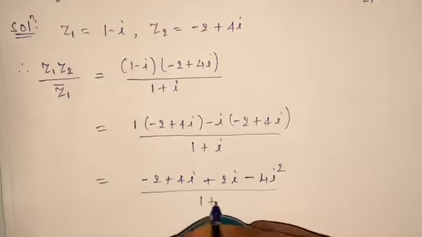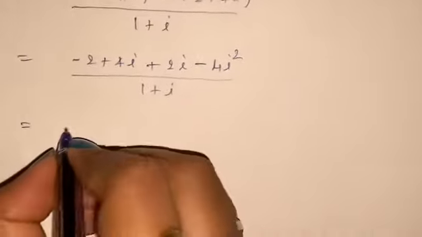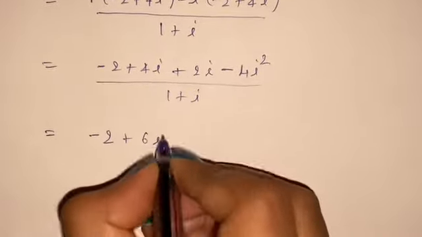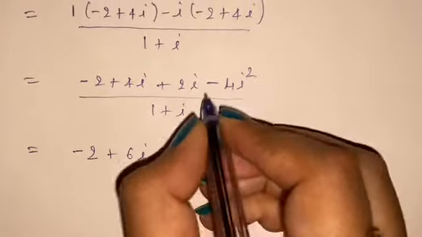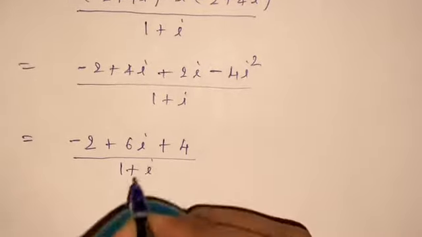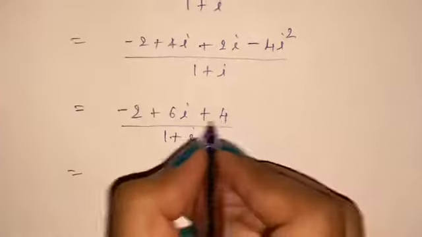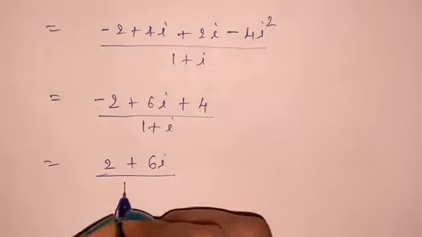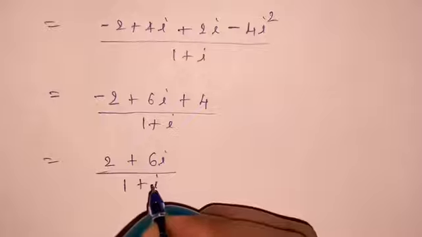divided by 1 plus i, is equal to minus 2, 4 plus 2, that is 6i, i squared is minus 1, minus minus plus 4, upon 1 plus i. So you will get 4 minus 2, 2 plus 6i by 1 plus i.